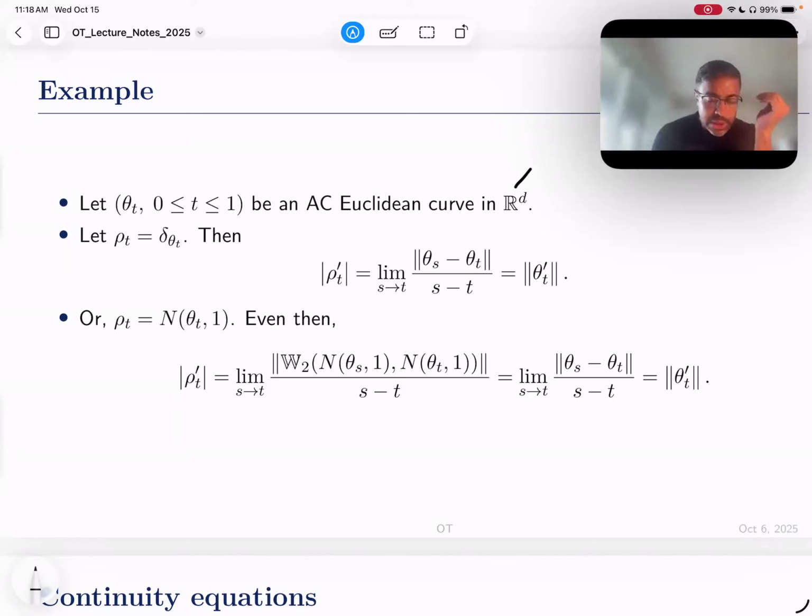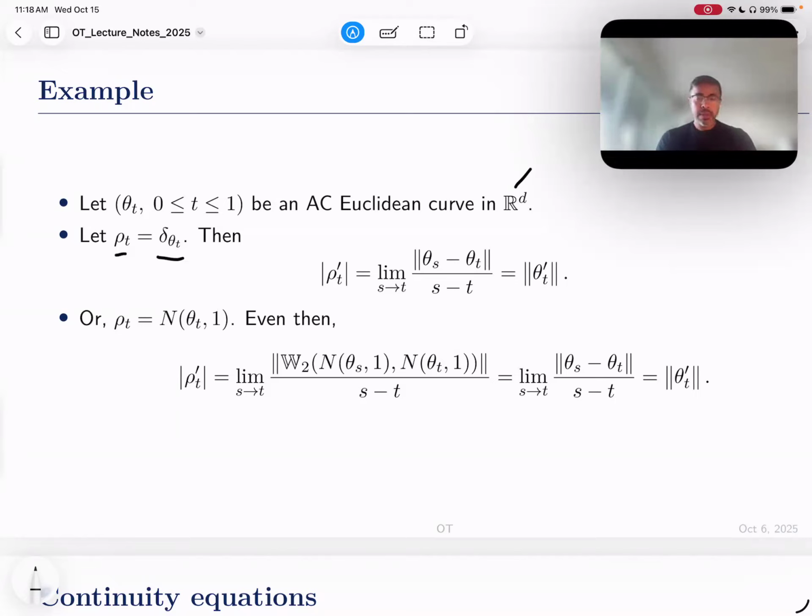Let's do some cheating. Let's define rho t to be the delta mass at theta t. It's a probability measure that puts mass 1 on my point theta t.